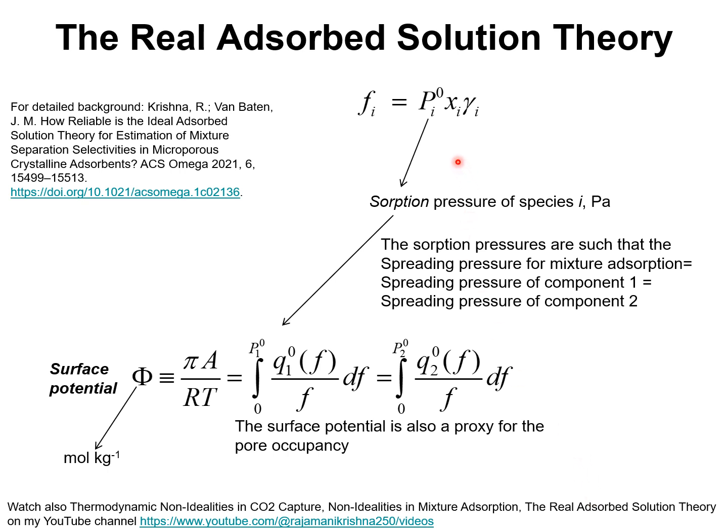So the sorption pressures and the surface potentials can be derived from data on the adsorbed phase mole fractions and partial fugacities in the bulk gas phase mixture.